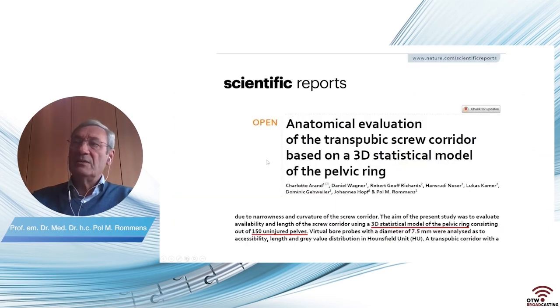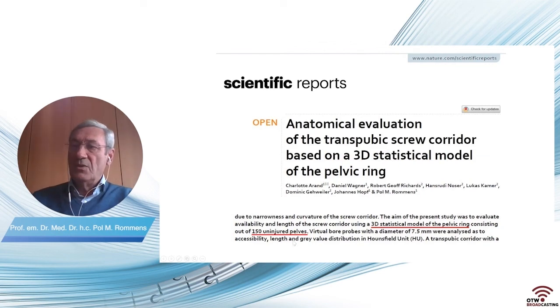The same we did with the anterior pelvis. Mrs. Charlotte Arendt of our group looked at the transpubic corridor for implantation of a straight cancellous screw, as I have showed you in some of the examples before.